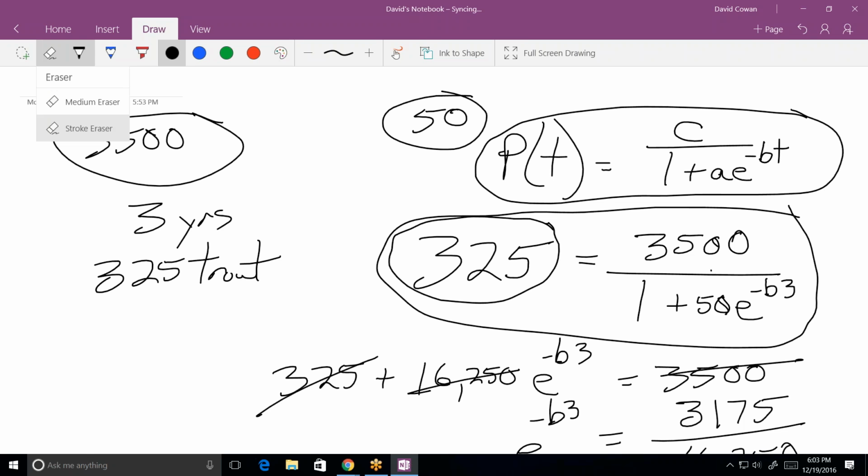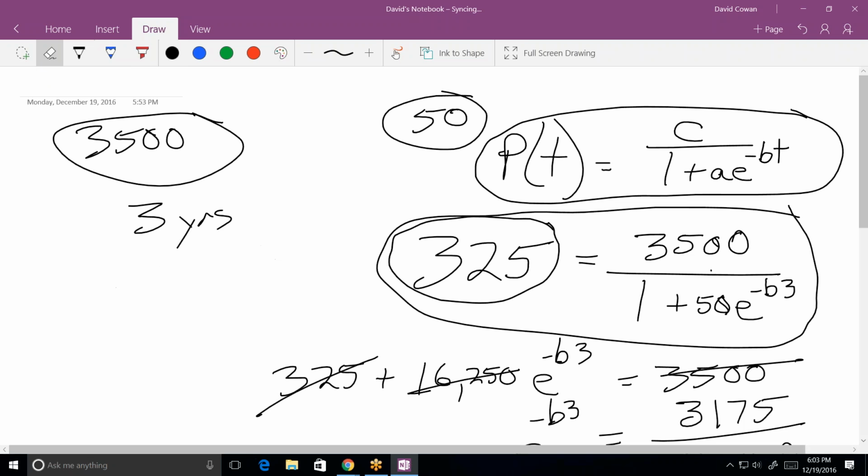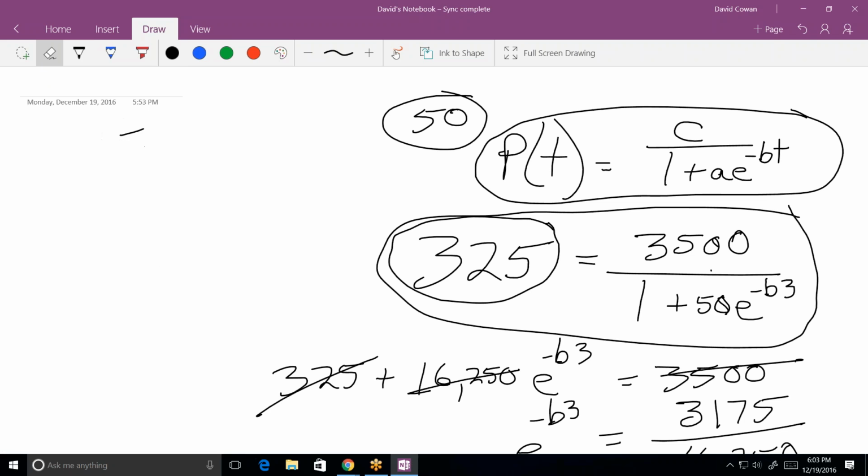So, you need an answer, right? Yeah. All right, so here's what we're going to have. Population after 10 years, right? Correct.